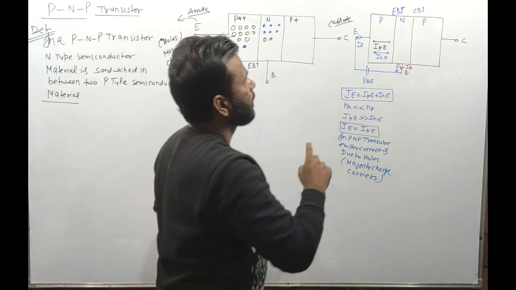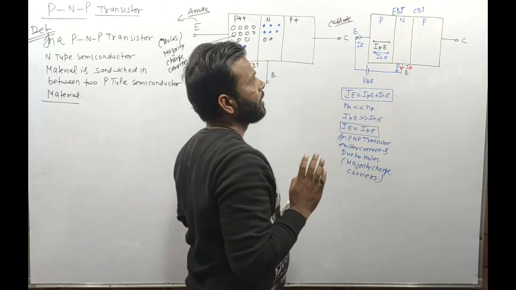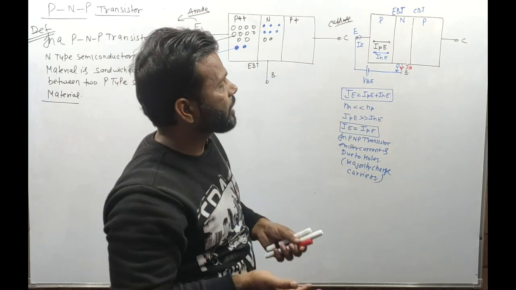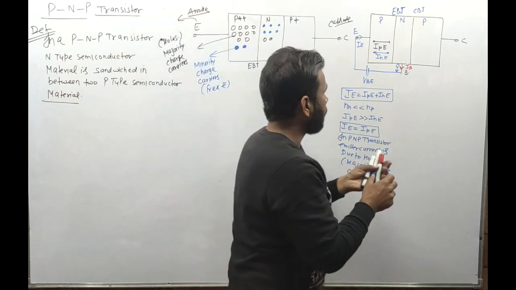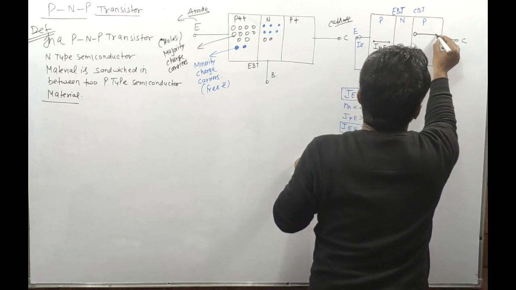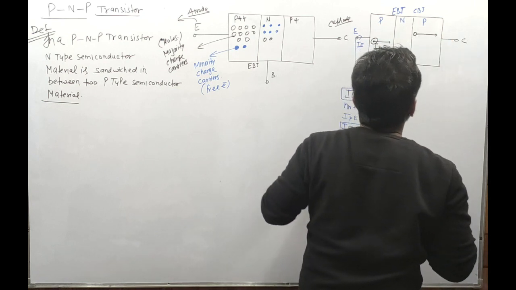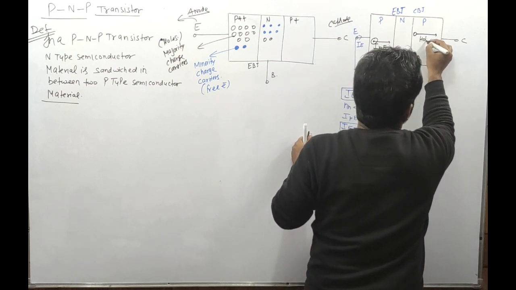Now when we are injecting the holes at the emitter side, then the maximum number of holes will reach the collector side. So these are holes. Then holes will reach this side. So this is the direction of holes now.